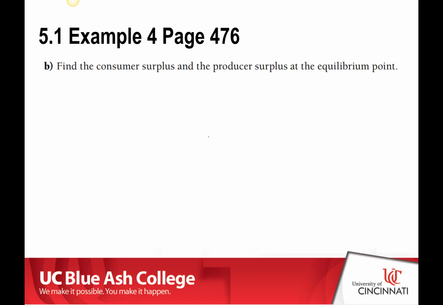Let's compute the producer surplus. Once again, we're going to use an equilibrium quantity of 11 gallons and an equilibrium price of $3.75. And we're going to use the supply function of 2.1 plus 0.15x.